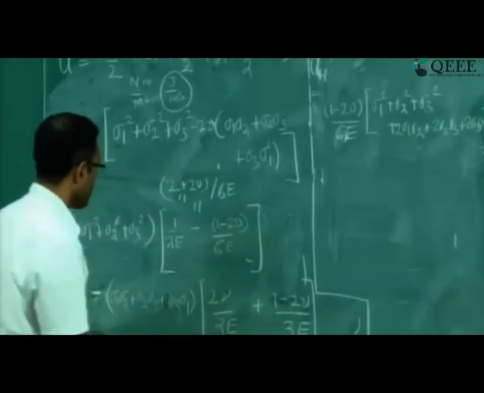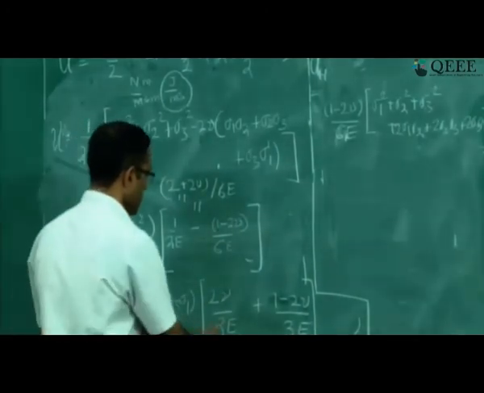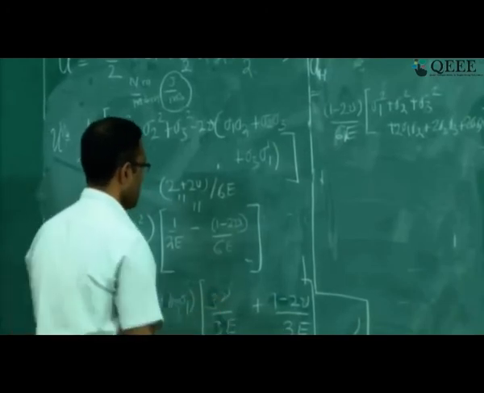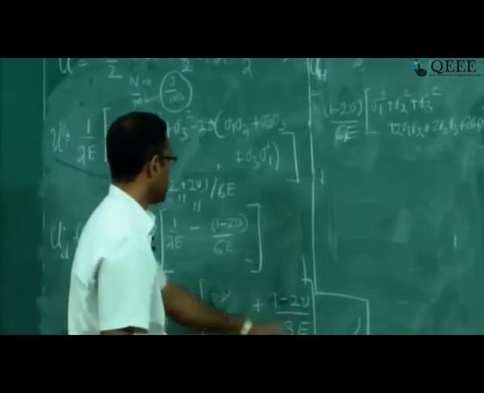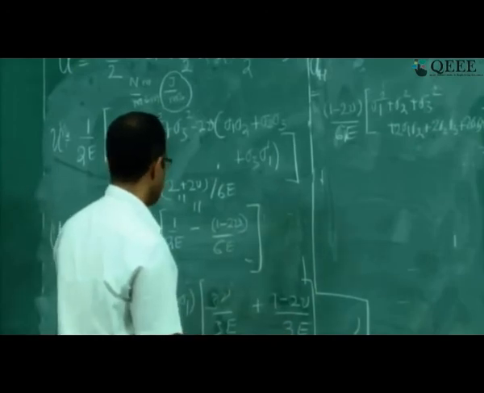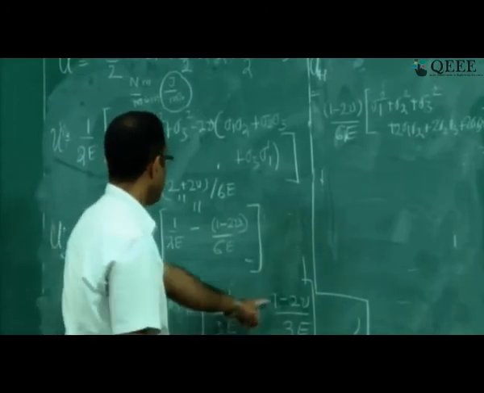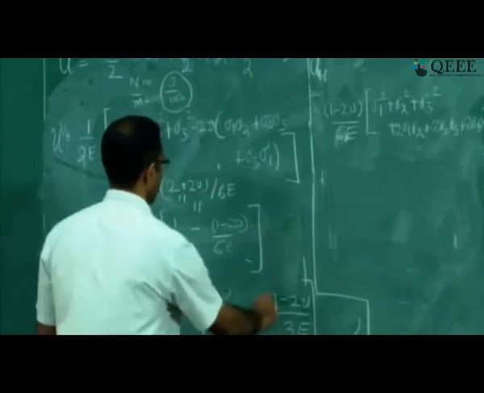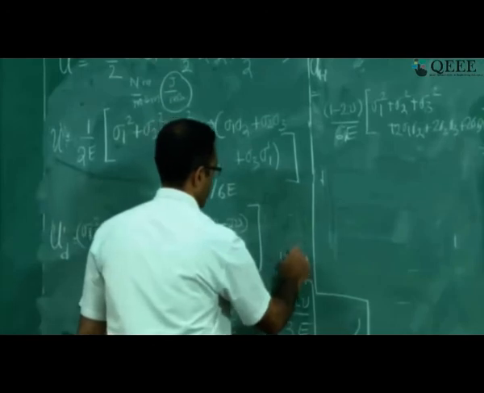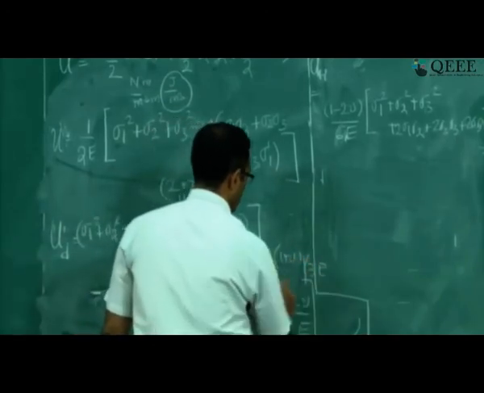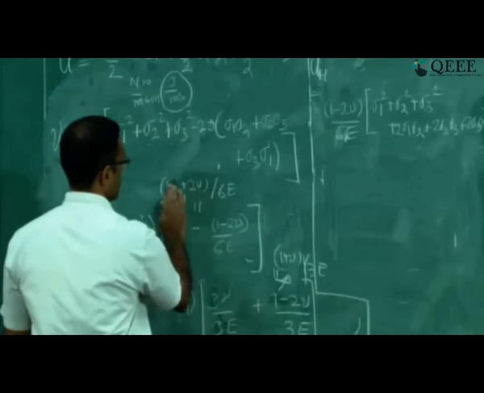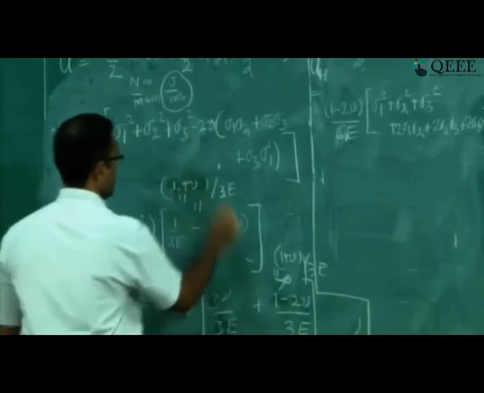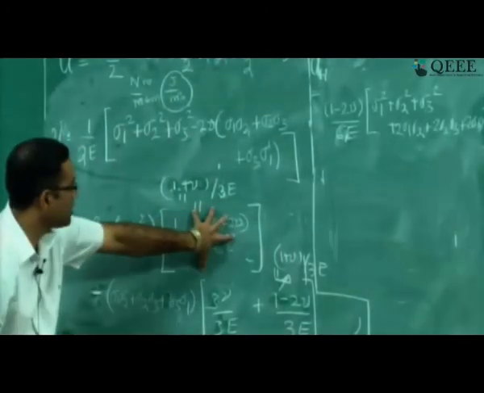This term will become 3 minus 2, 1 plus nu divided by 3E, which is also the same thing. So 1 plus nu divided by 3E. So I've just written this part and this part.